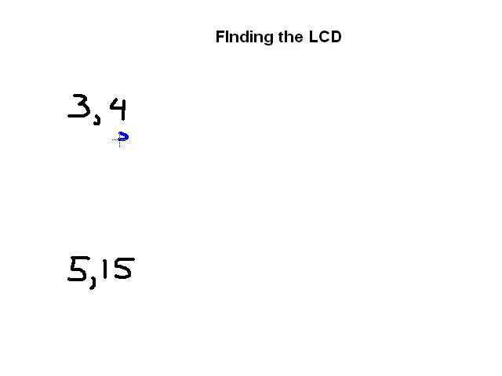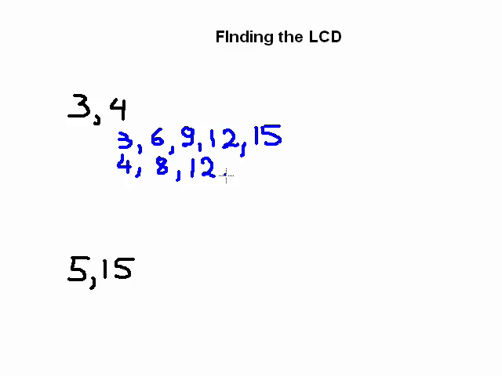The easiest way to find the least, meaning the smallest, common, the same multiple of two numbers is to take the numbers and write all their multiples: 3, 6, 9, 12, 15 and so on. 4, 8, 12, 16 and so on.